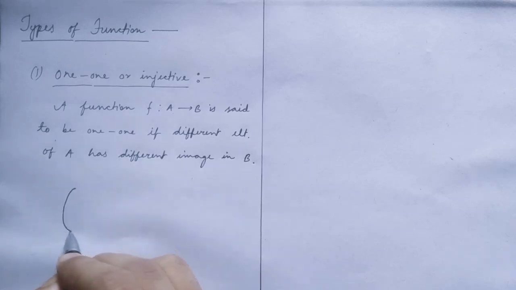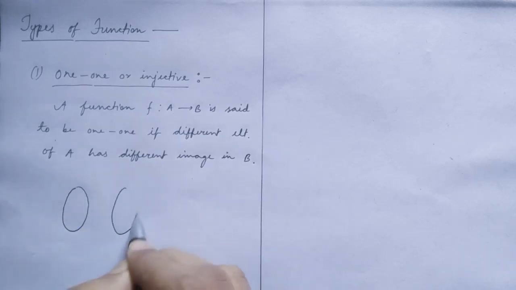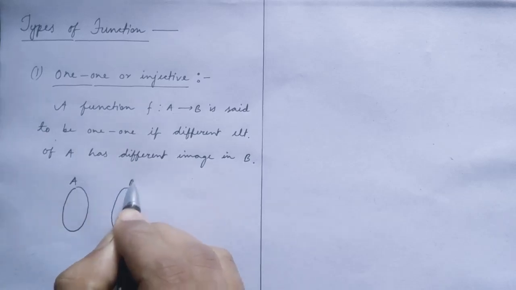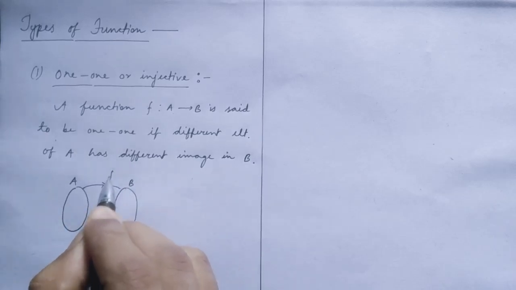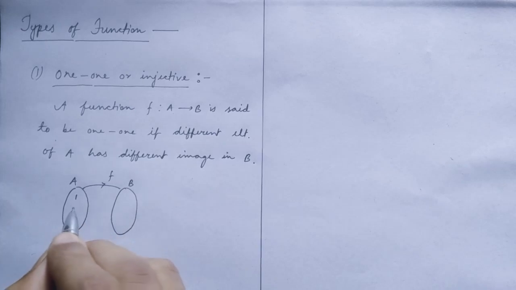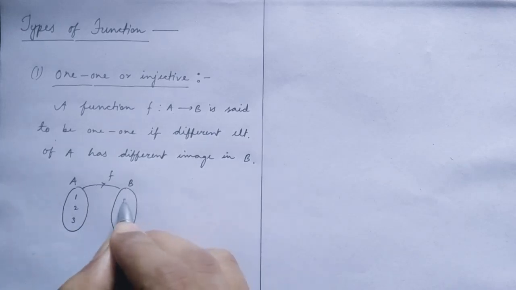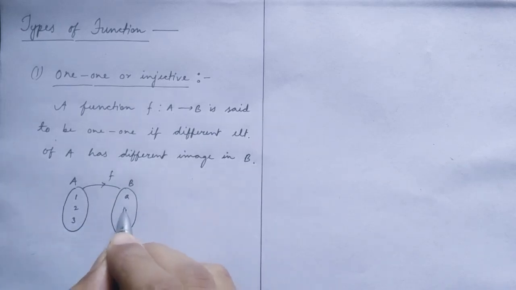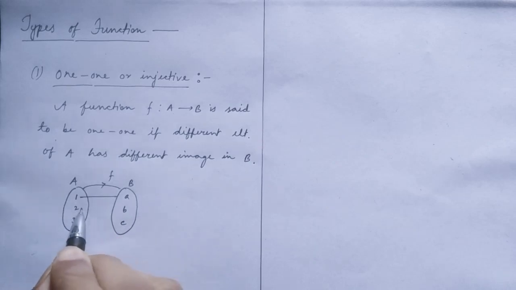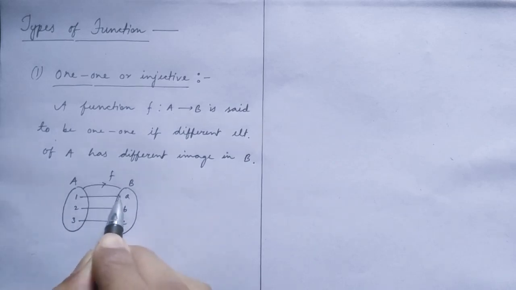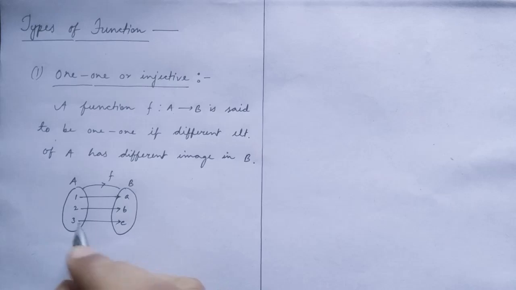Suppose this is a function f, this is the domain, this is the codomain. Suppose here the elements are 1 to 3 and here A, B, C. If the image of 1 is A, 2 is B and 3 is C, here different elements have different images.